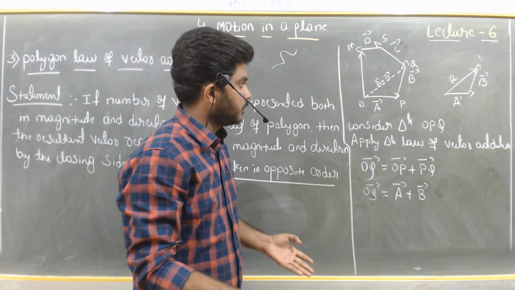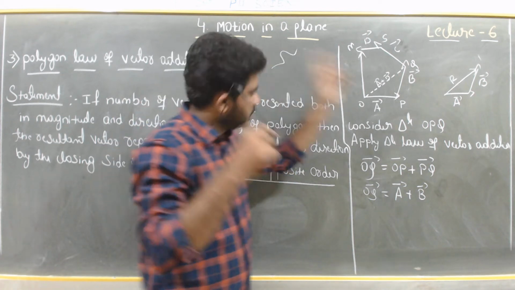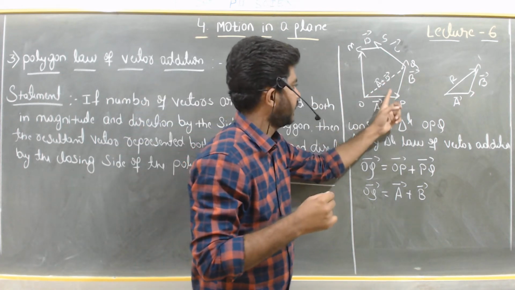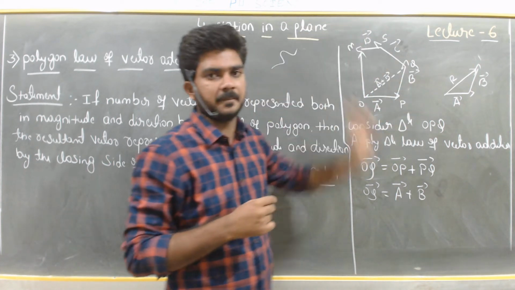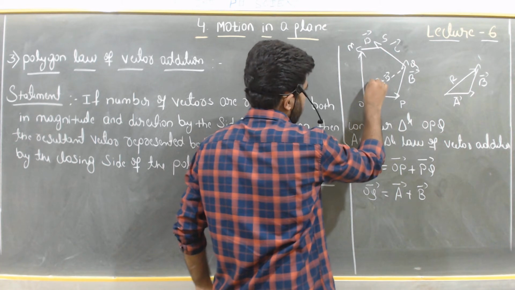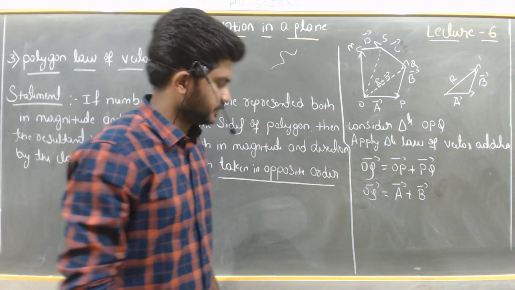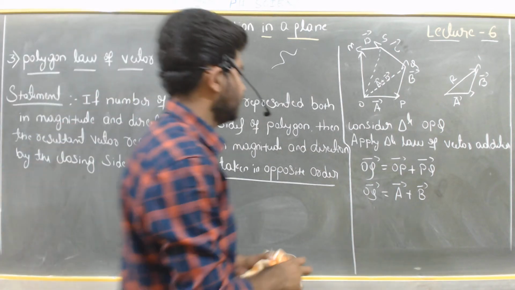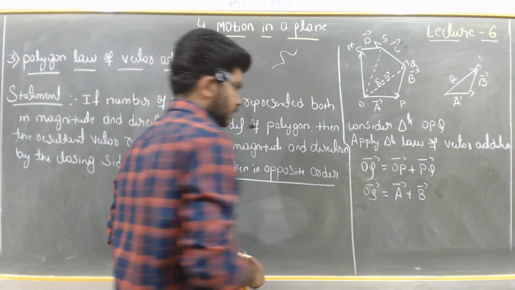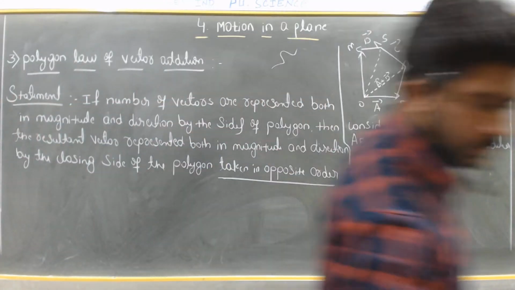So next what do I have to do? Again, as I told for the number example, I have to add vector A plus vector B plus vector C, right? So again I have to take one line that should make one triangle. I will rub this one. I hope you have written it.